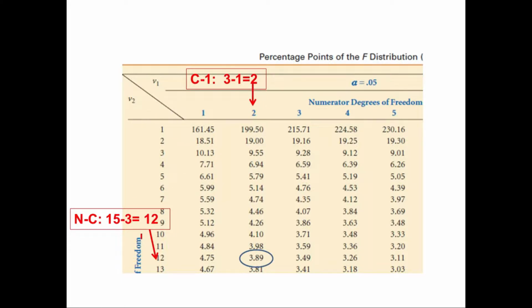And then this is the degree of freedom for SSW, which is N minus C, the total number of samples 15 minus groups 3, so 12. So this is the row that we have to refer to, and this is the column. Okay, so here, 3.89 is the critical value for F in our example.